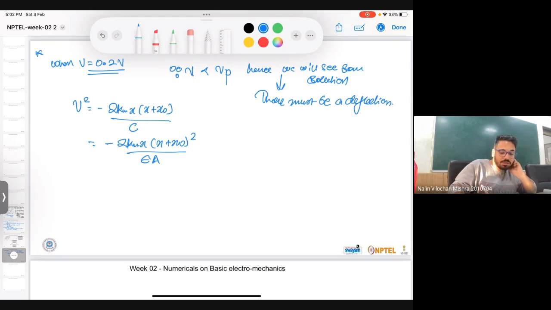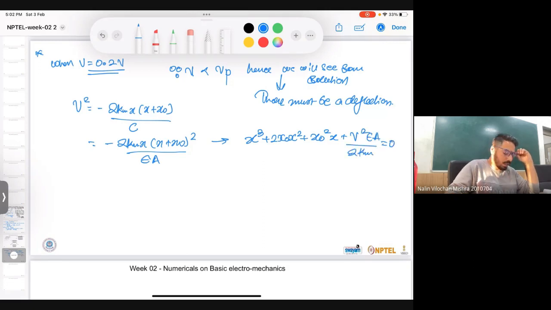After solving it, we have this cubic equation plus v square epsilon a by 2 km, which is equal to 0. So you need to solve this equation. We will find three solutions. So I have the three solutions here.